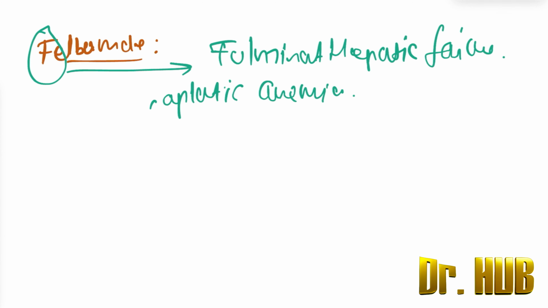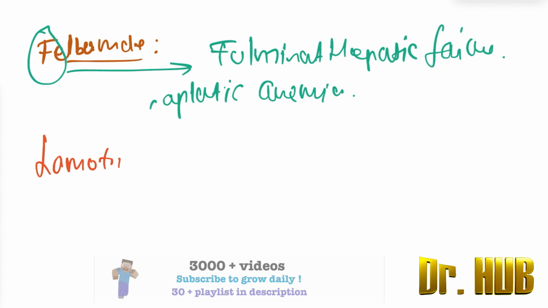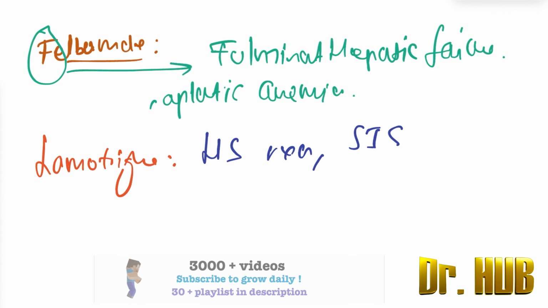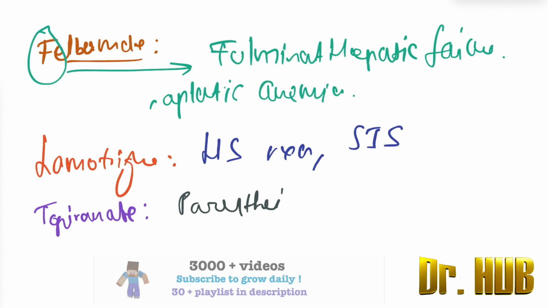Next, we are going to look at something known as the lamotrigine. So under lamotrigine, there is a hypersensitivity reaction as well as the SJS. And later on, we move on to the topiramate. So under topiramate, we are looking at the adverse effect of paresthesia.